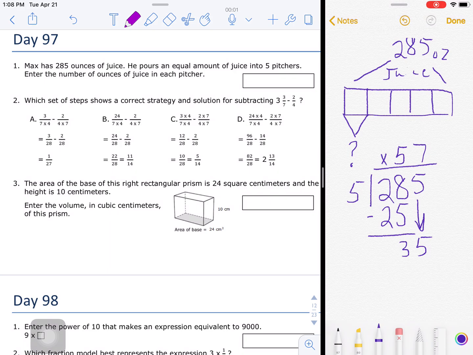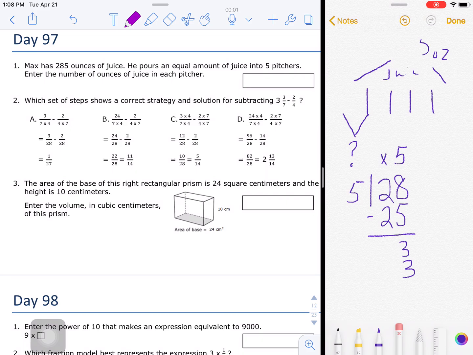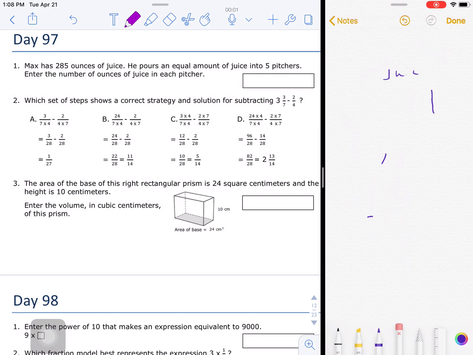And we end up with no remainder. So my answer would be 57 ounces. Now I want to check my work here. And I had 57.